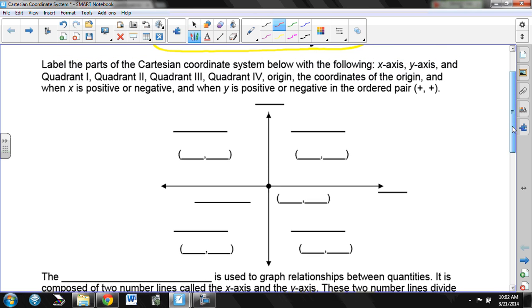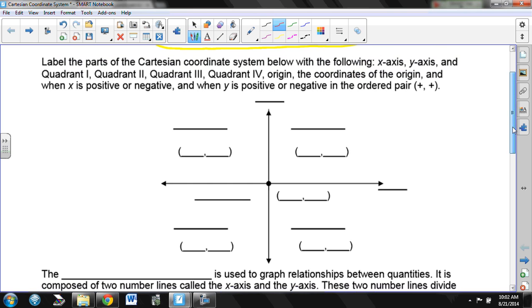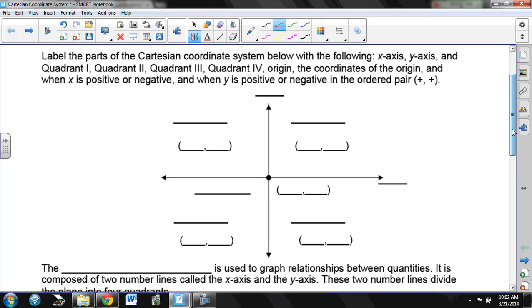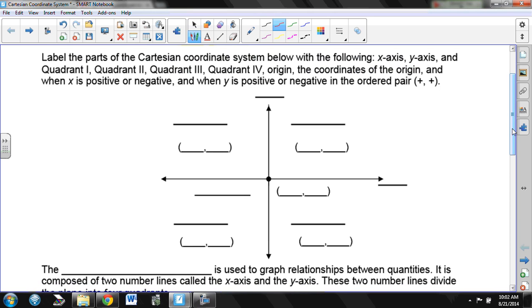The Cartesian coordinate system is used to graph relationships between quantities. It's composed of two number lines. The number lines are called the x-axis and the y-axis.